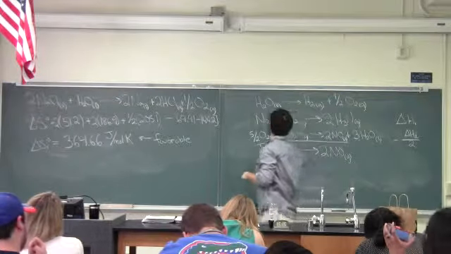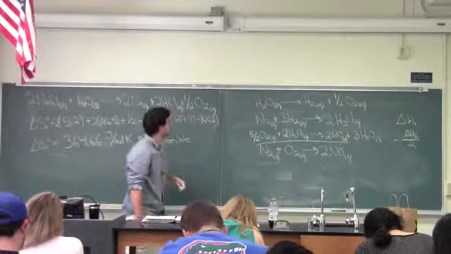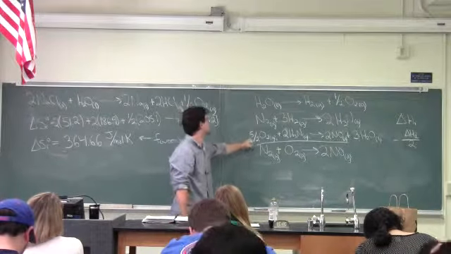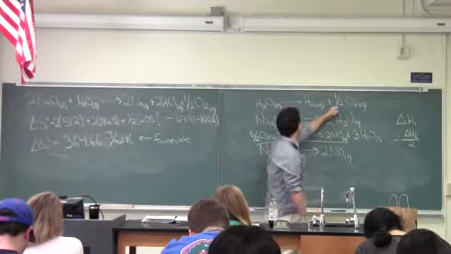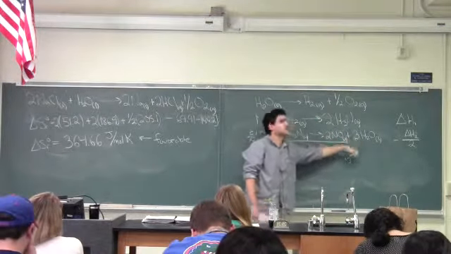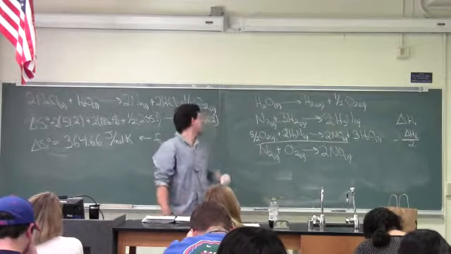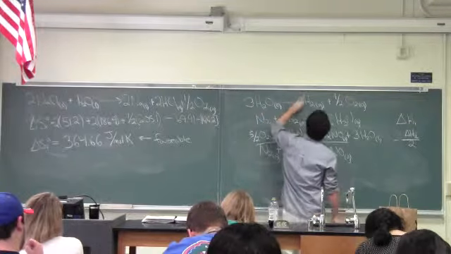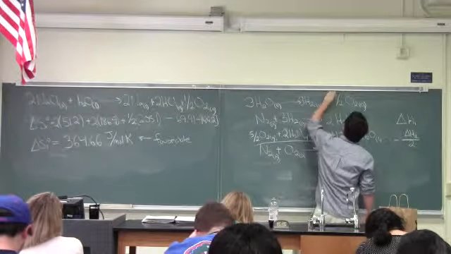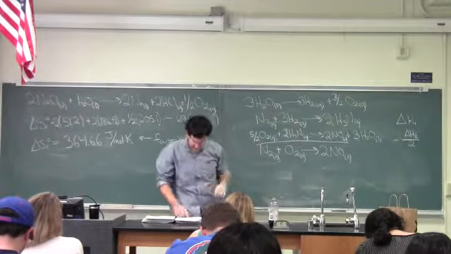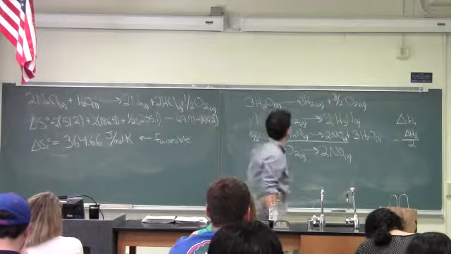Now I see here, I'm going to have to cancel 3/2 of O2 gas. I've only got 1/2 here. I also need to cancel 3 moles of liquid water. So I'll simply multiply this reaction by 3. And that's giving me 3 times delta H3 for this one.